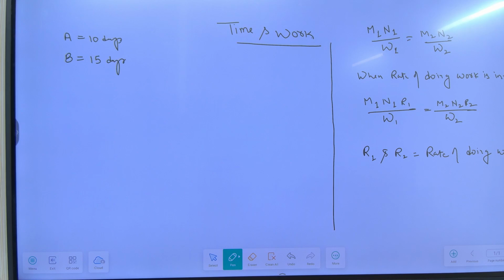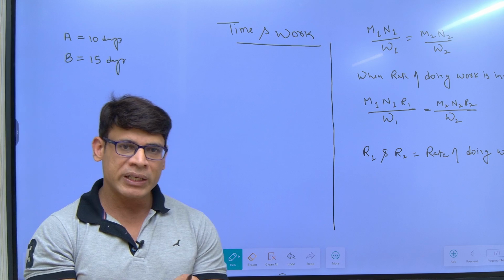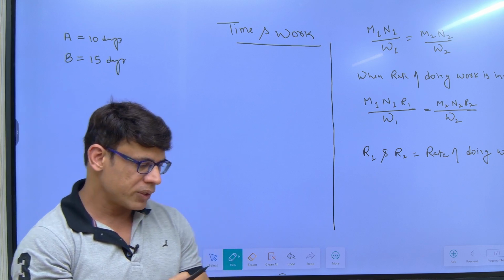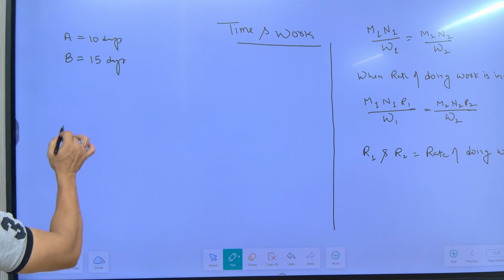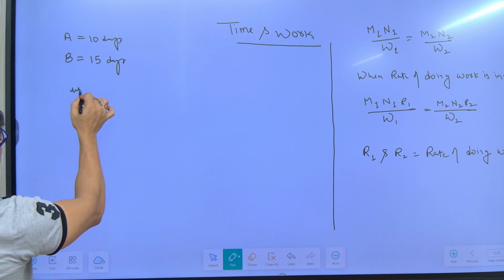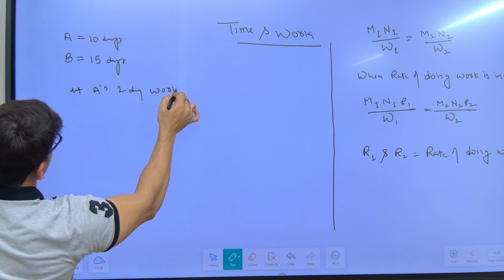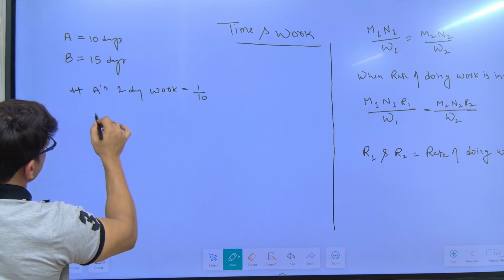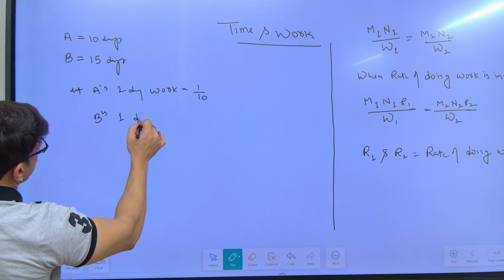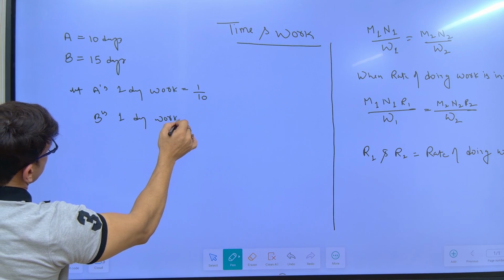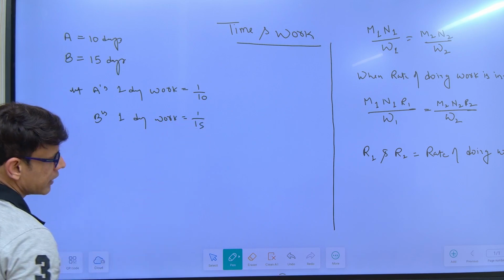In the conventional approach, what we used to do: A's 1 day work is 1 by 10 unit. B's 1 day work is 1 by 15 units.